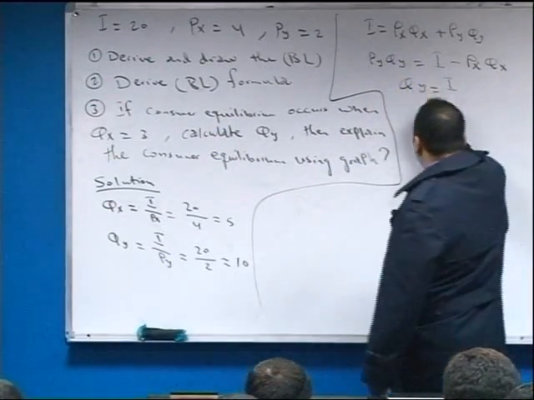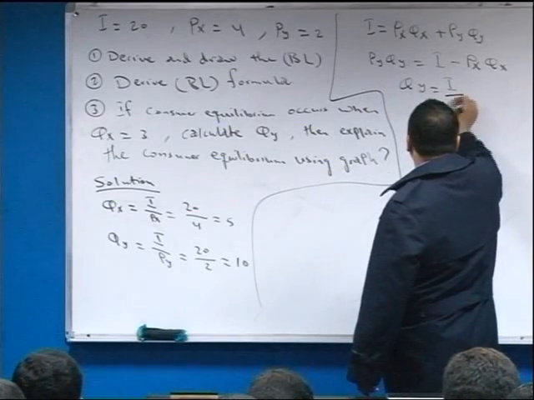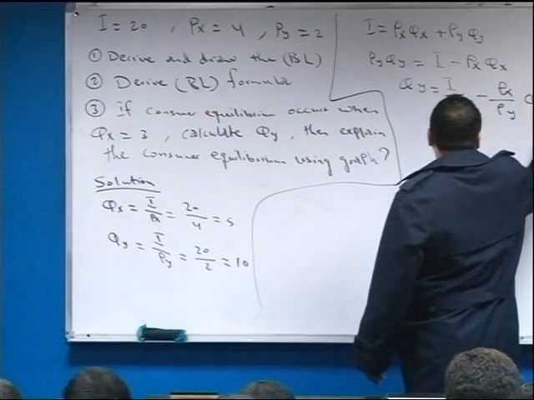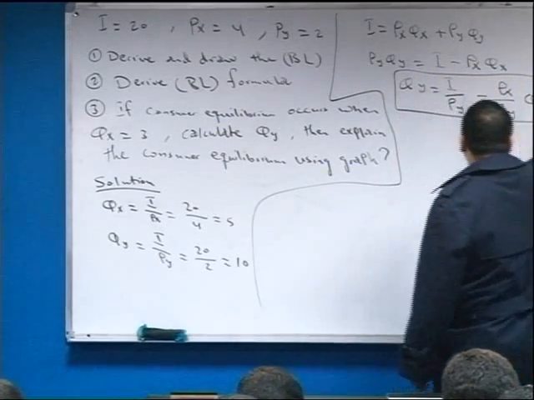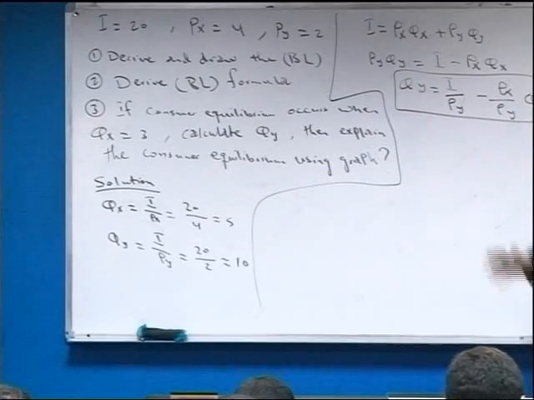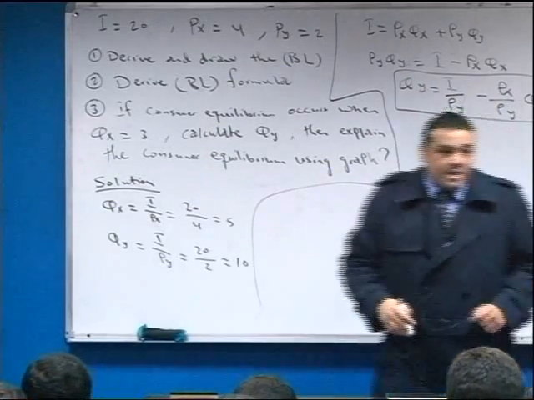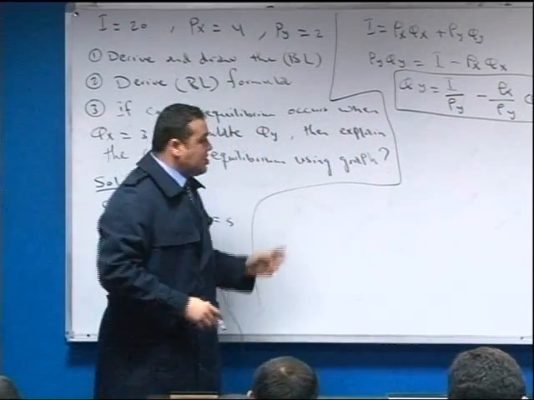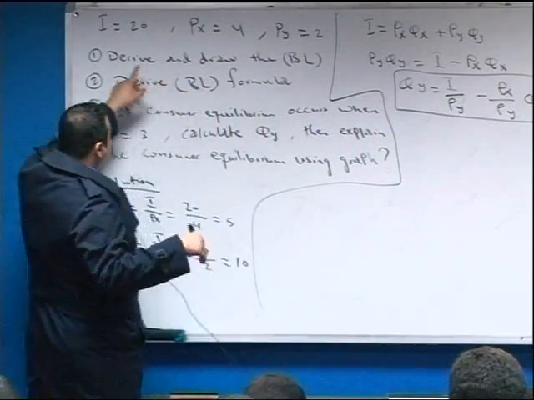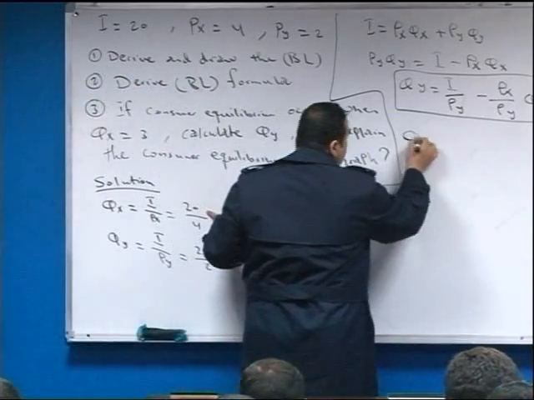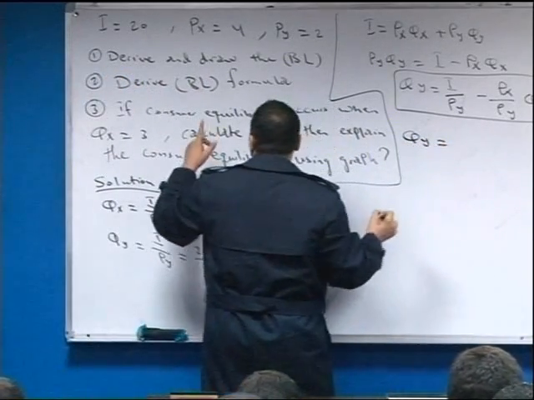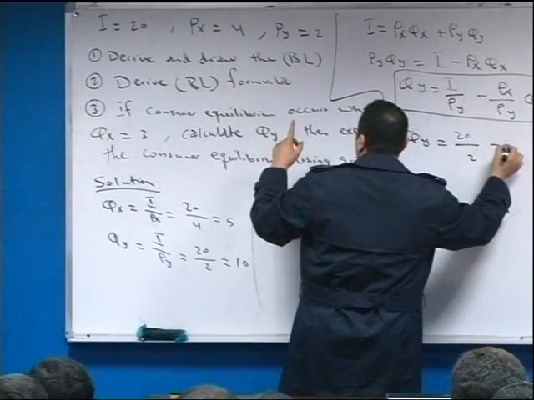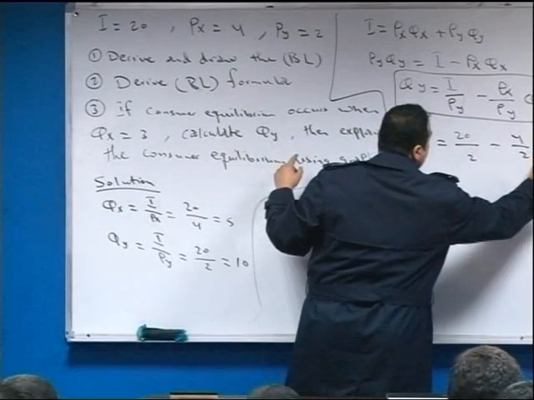over Py, all over Py. So Qy equals I over Py minus Px over Py times Qx. This is the budget line formula. But let's use the given information to write the requested budget line formula in this example. So Qy equals I over Py, 20 over 2, minus Px, 4 over 2, Qx.